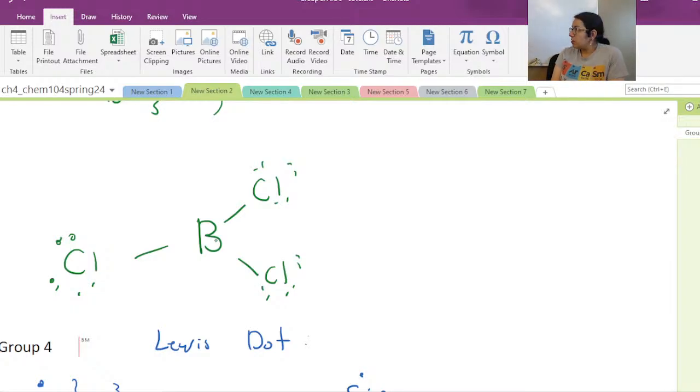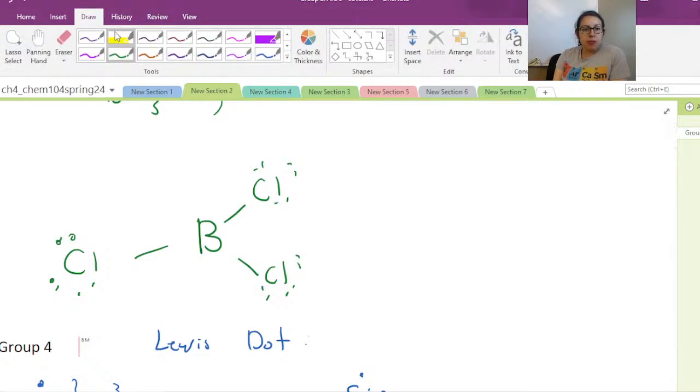Count your electrons too. So what do you notice?